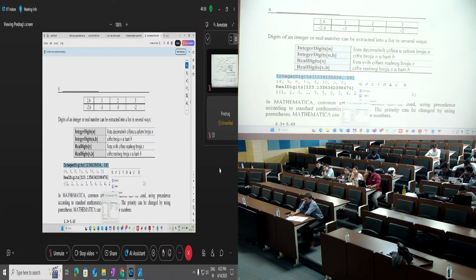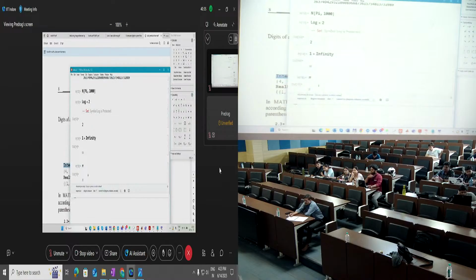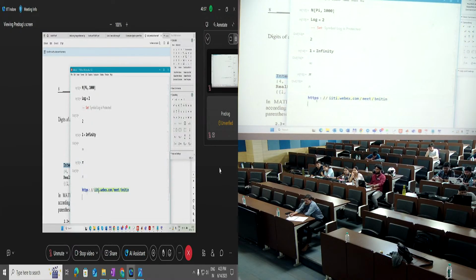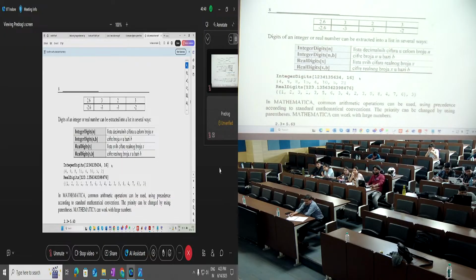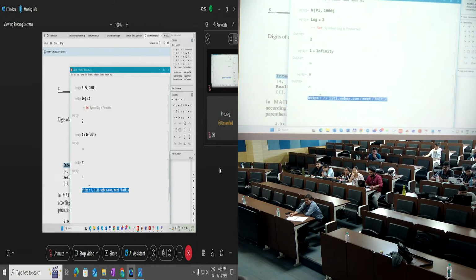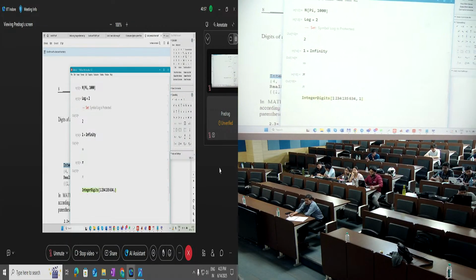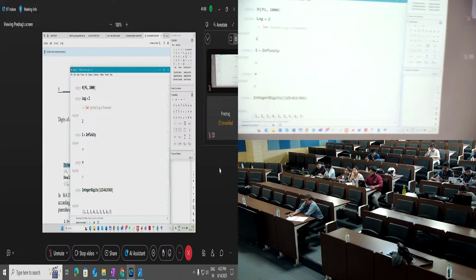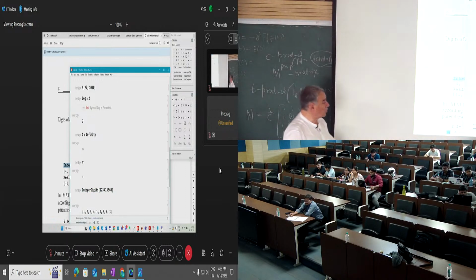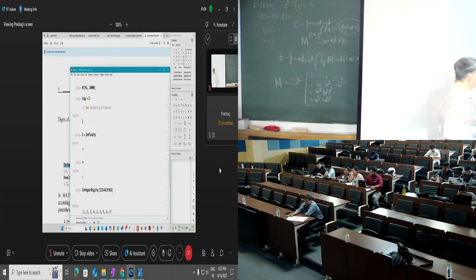I will put this in Mathematica. I didn't use copy. Control C, Mathematica, Control V. If we use only IntegerDigits and then one argument, Mathematica will give a list of integer digits.